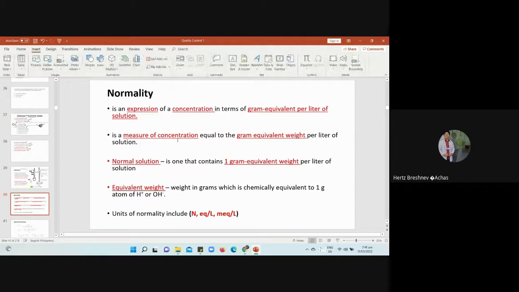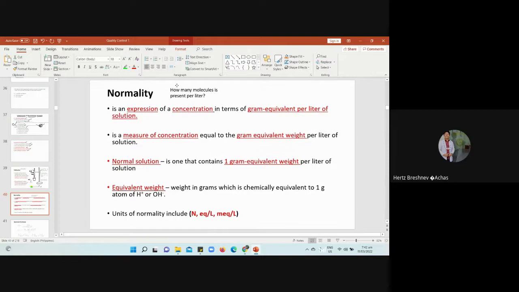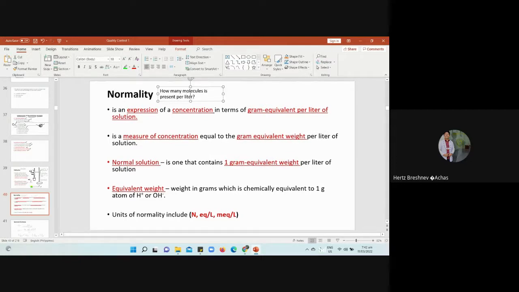To fully understand what the definition is trying to relay, it simply says how many molecules are present per liter. That is what normality means. If we draw that, the units are subject to change.